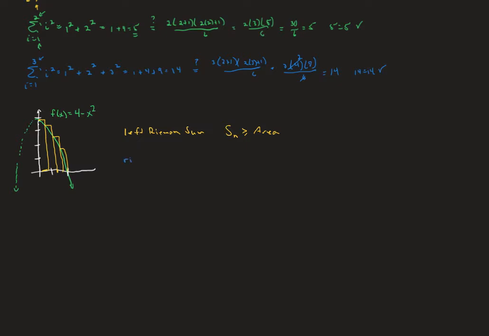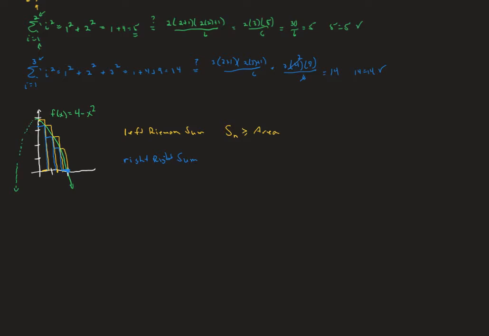Now if we do a right Riemann sum, then we are going to put the right side of those subintervals on the curve to determine the height, and our rectangles would look something like that. And so that last one would really be a rectangle of height 0, because we're using the value of the function at the right side of the subinterval.